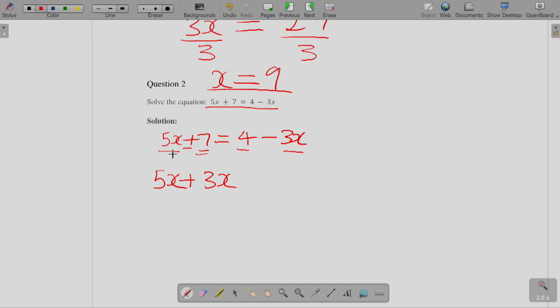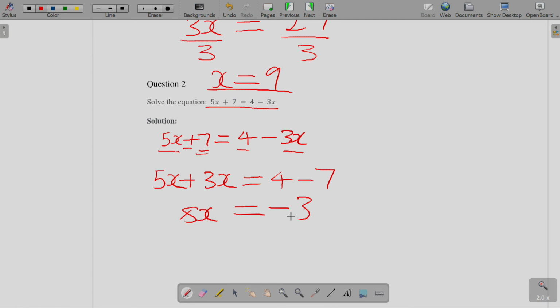I mean, it will change from positive to negative. So we will get 4 negative 7. So now let's simplify. So 5x plus 3x will get 8x equal to 4 negative 7. So we'll have negative 3.